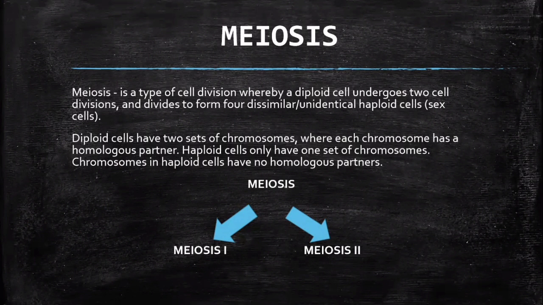Diploid cells have two sets of chromosomes where each chromosome has a homologous partner. I'm going to explain what homologous means. Haploid cells have only one set of chromosomes and they do not have homologous partners. So meiosis is divided into two phases, meiosis 1 and meiosis 2.